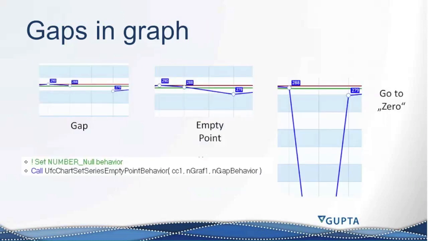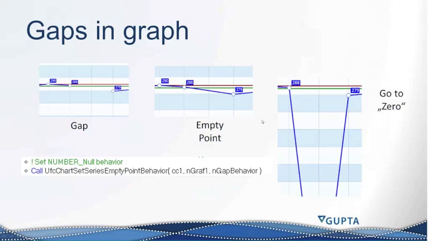So gap, again, there's really a gap because this data point is missing, so we display a gap. Empty point means we ignore this missing point, and go to 0 means, okay, we expect this is not number null, it is a 0. So we display a graph or replacement graph to 0. As you can see, maybe it's outside the painting area.